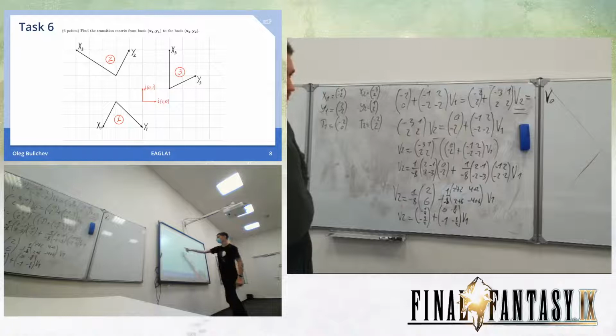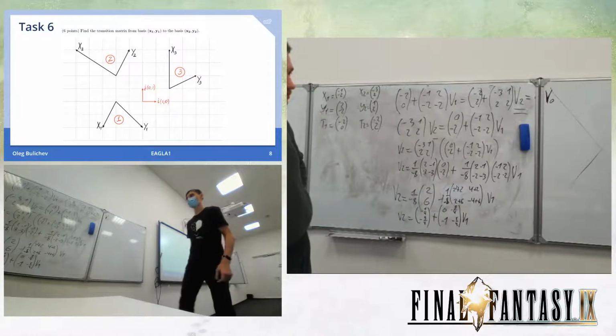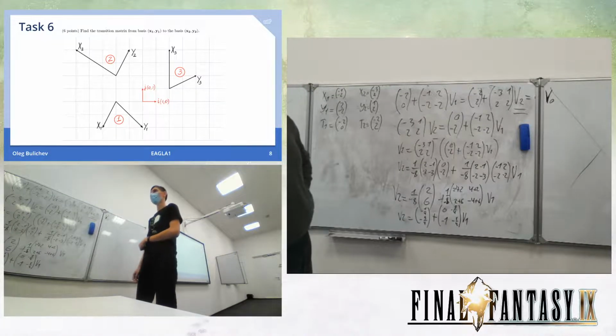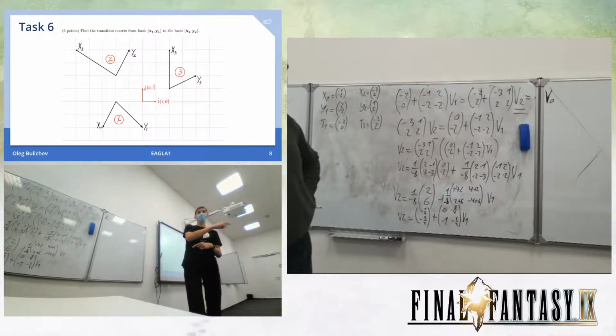In base 2 it is minus 1 and 0. And I calculated and it is right. Does anybody solve it in a different manner? You solved the same. Okay.